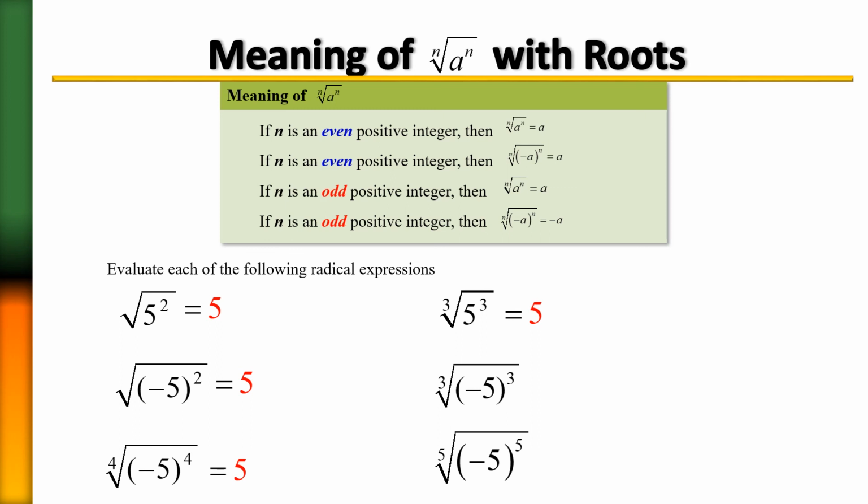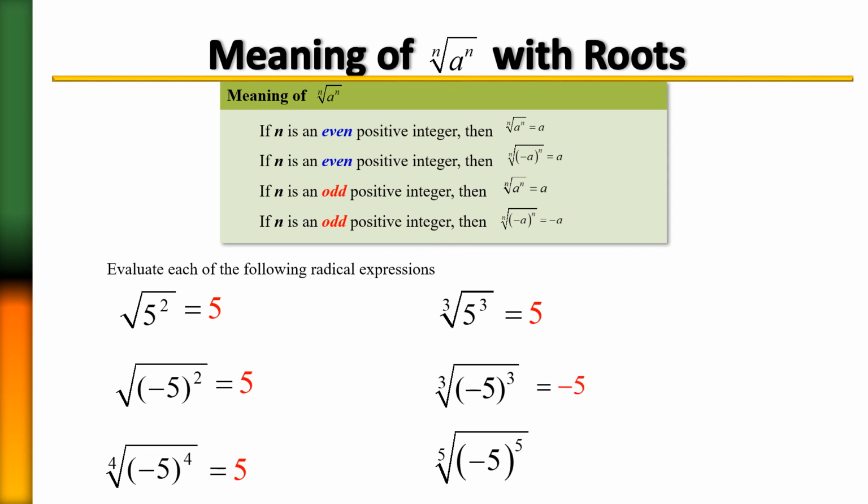Let's move on to the next one. Here, notice the index is the same as the number the radicand is raised to. And in the case where the radicand is a negative number, it's going to equal the negative of that. So this is going to equal negative 5.